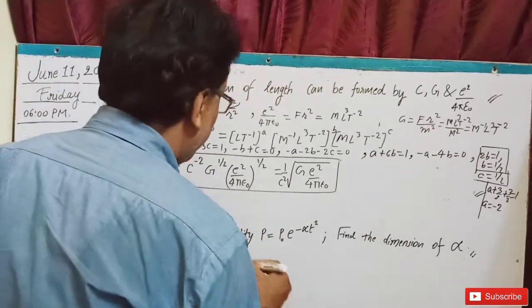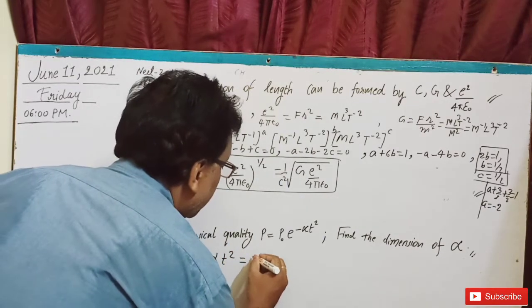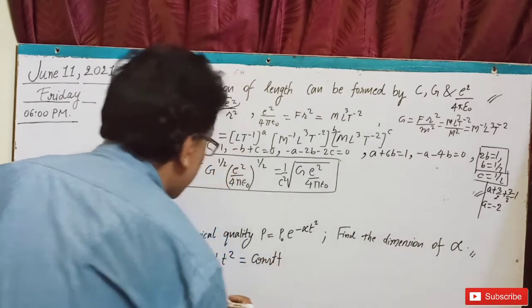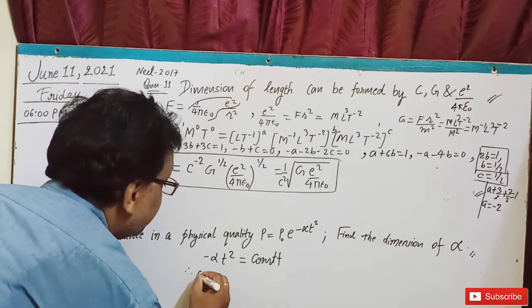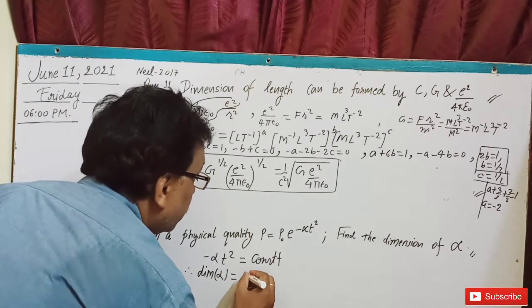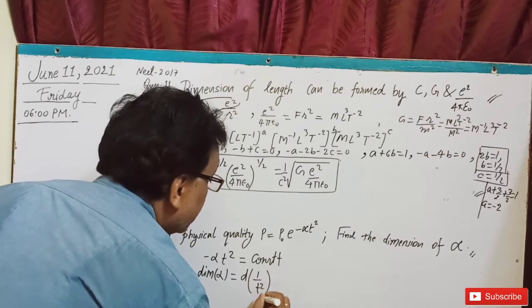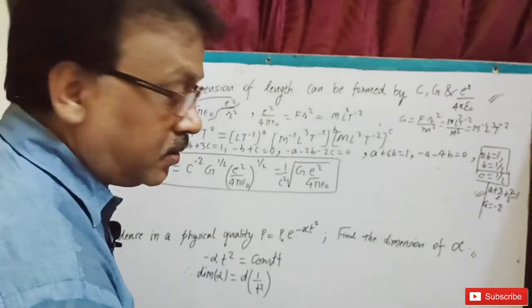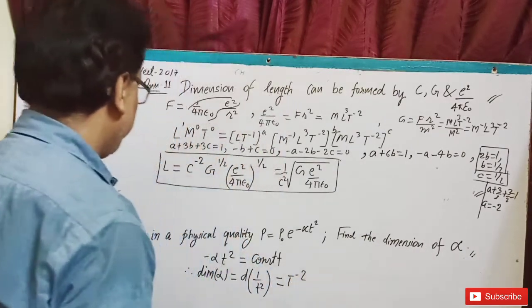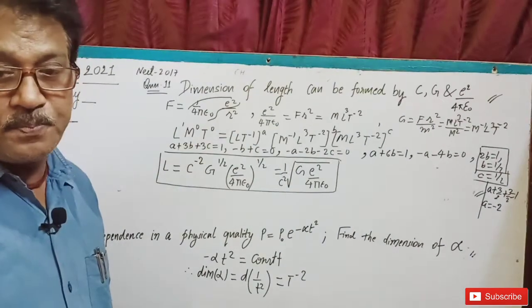So minus alpha t square is dimensionless, and hence the dimension of alpha is equal to the dimension of 1 upon t square. So its dimension is T power minus 2. In this way, we can solve this problem.